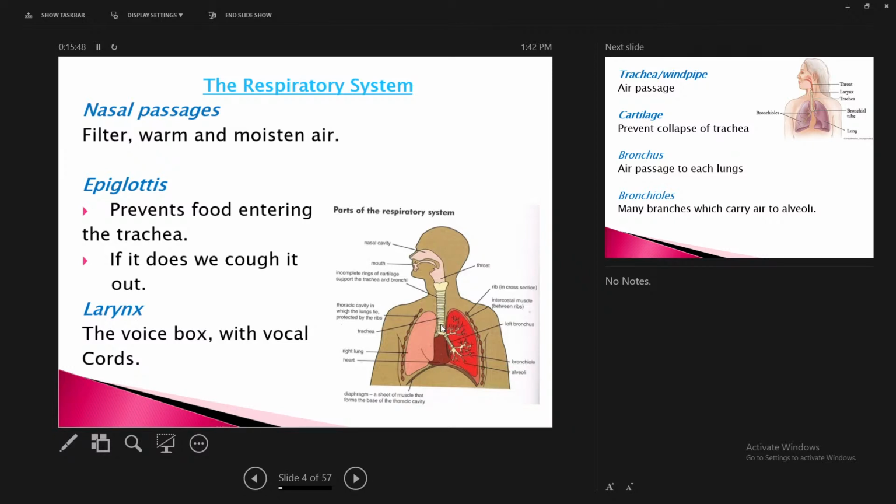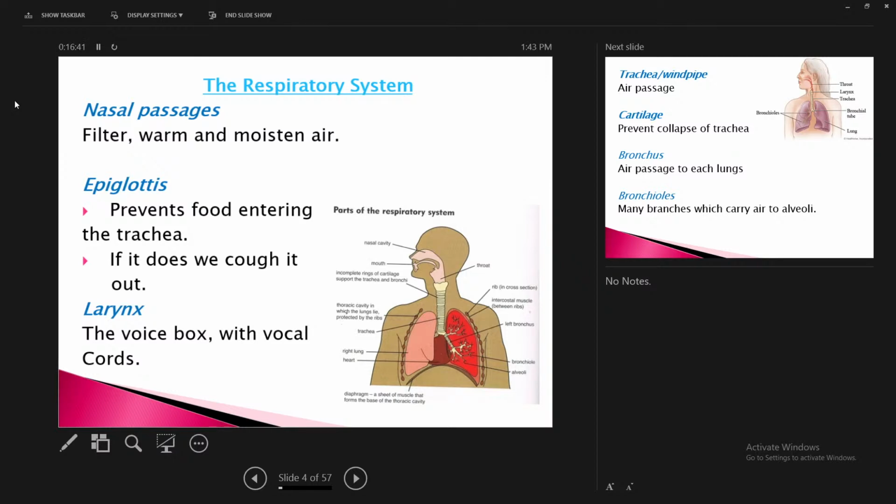Now, the next concept for the nasal passages is that they also warm the air and moisten the air. Once you are breathing in, persons need to understand that the environment normally contains different microorganisms: bacteria, viruses, fungi. When the nasal passages warm the air, that process actually destroys some microorganisms, because by now we should know that microorganisms, if exposed to heat or to temperatures they are not used to, will eventually die.